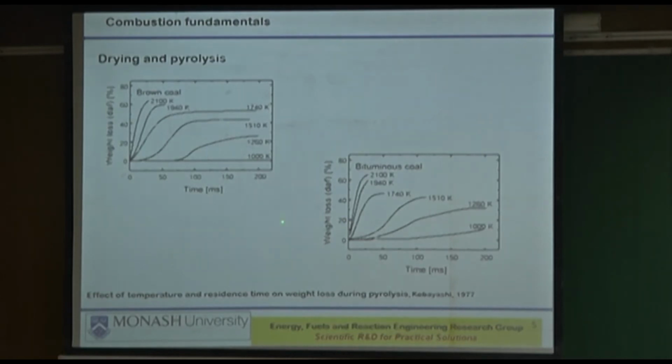You will get high conversion in a short period of time only if you increase the temperature considerably. Beyond a certain temperature, brown coal and bituminous coal, no difference. Temperature overrides everything else. Correct.